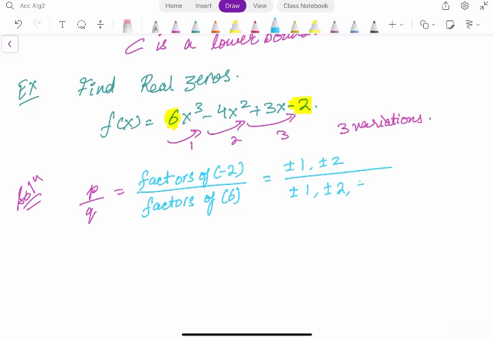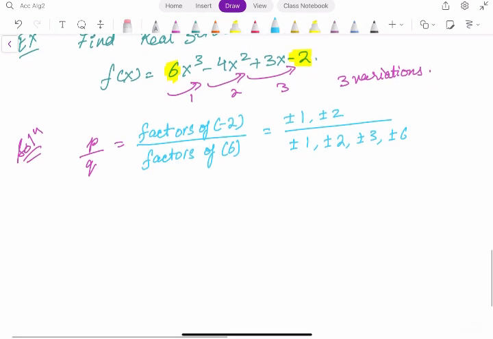So the factors of negative 2 will be plus minus 1 and plus minus 2. And then we can write all the factors of 6 as well. Evaluating this, you can rule out what is repeating, and we can understand what factor we can use for the synthetic division, and we can start with 1.